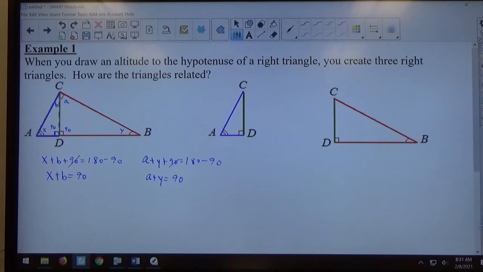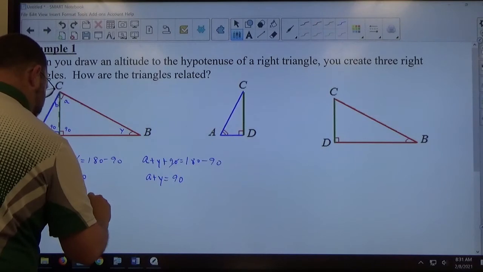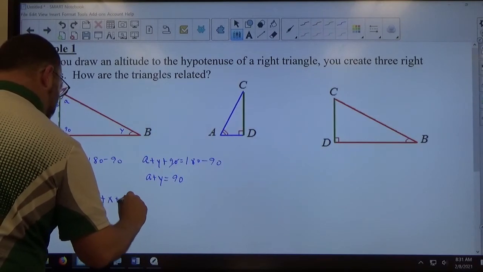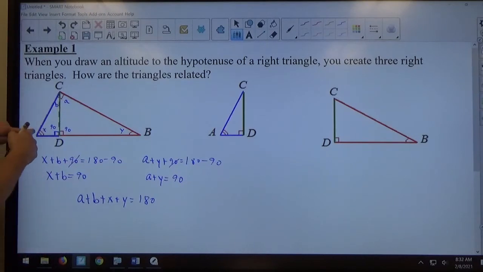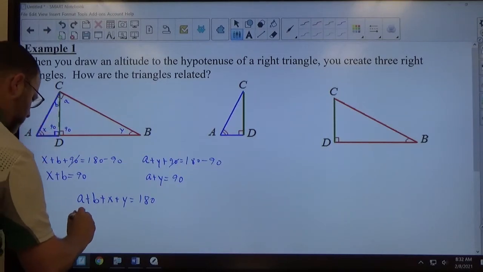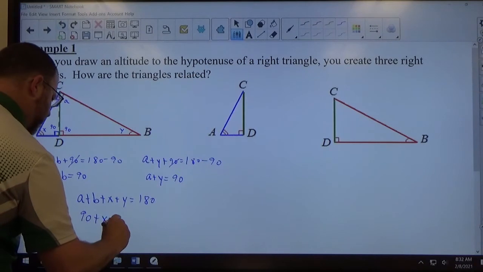And finally, I know that A plus B plus X plus Y equals 180 because angle, angle, angle. So these two angles together make up that big angle there, right? And I also know that A plus B is equal to 90, right? Like right angle. So 90 plus X plus Y equals 180.